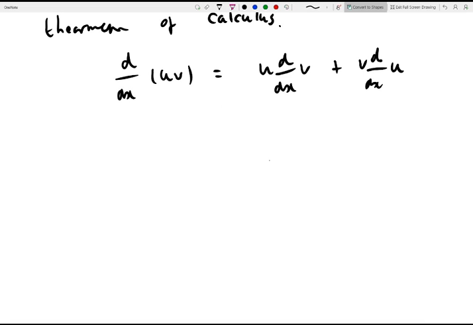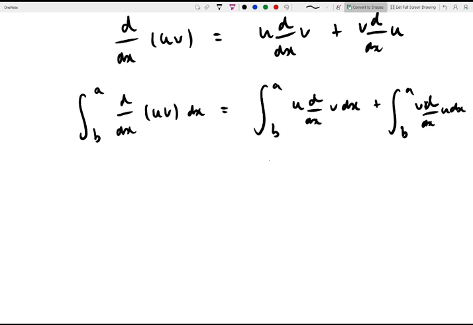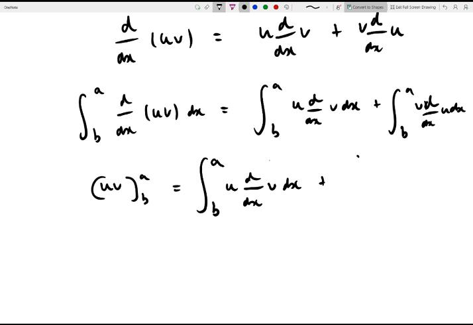Now, if we go ahead and integrate both sides of this between a and b, then using the fundamental theorem of calculus, we just get that uv between a and b is equal to the integral from a to b of u times d by dx of v with respect to x plus the integral from a to b of v times d dx of u times dx.